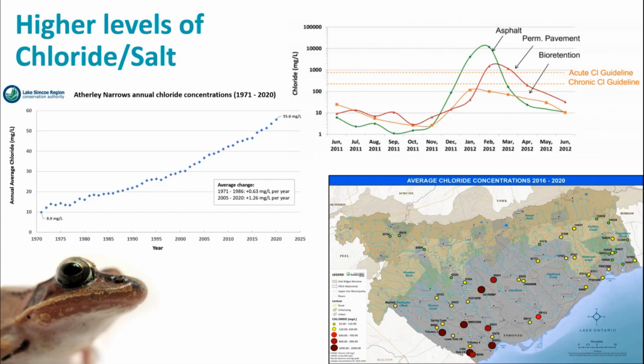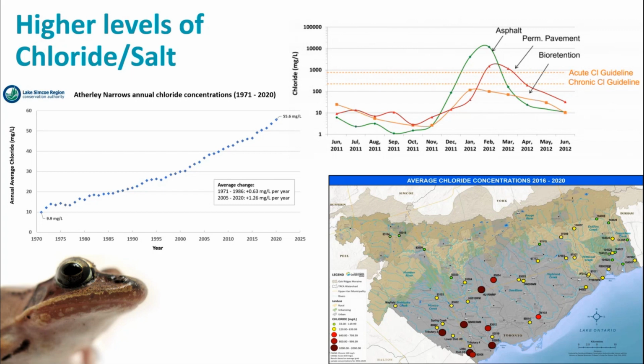Our bioretention practices actually don't even touch the chronic chloride guideline whatsoever in any concentrated burst of releasing any of our chloride amounts, showing that LIDs can not only help with water quantity and flood issues, but can help with water quality and pollutant loads.